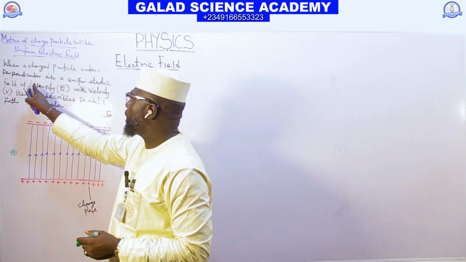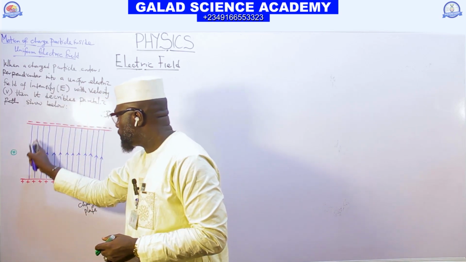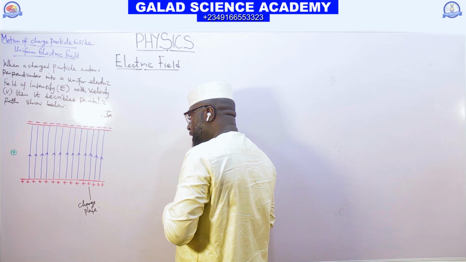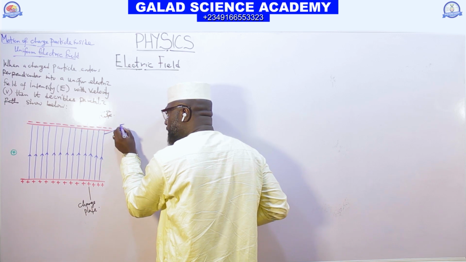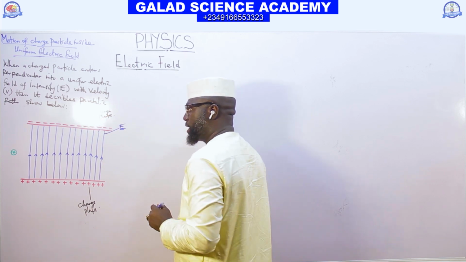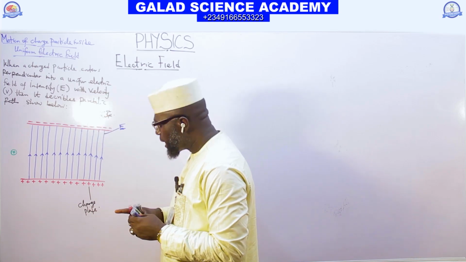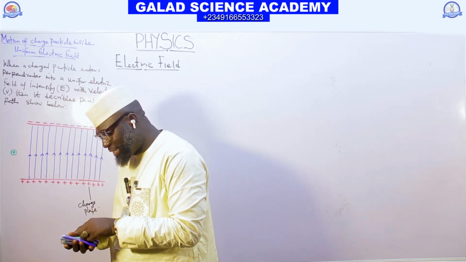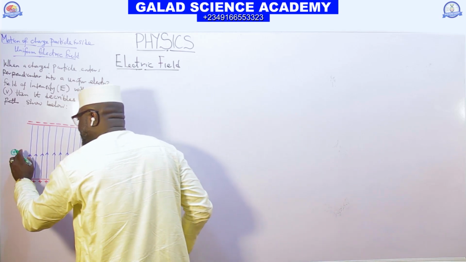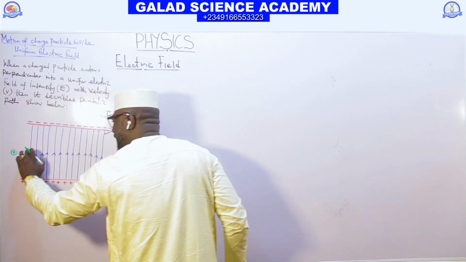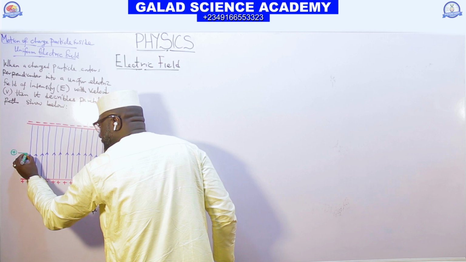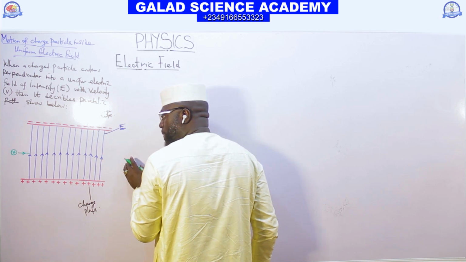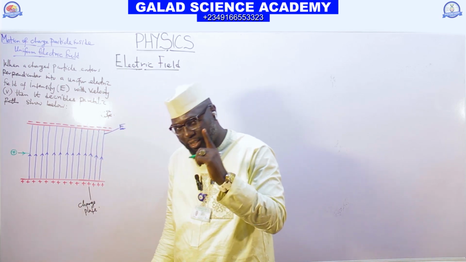When a positive charged particle enters perpendicular, this is the electric field intensity E. So if this positive charge enters the field, I place the charge perpendicular. That is, it will form a right angle with the electric field. So if this charge is coming in here like this, following this path to enter this place, it will experience one thing.